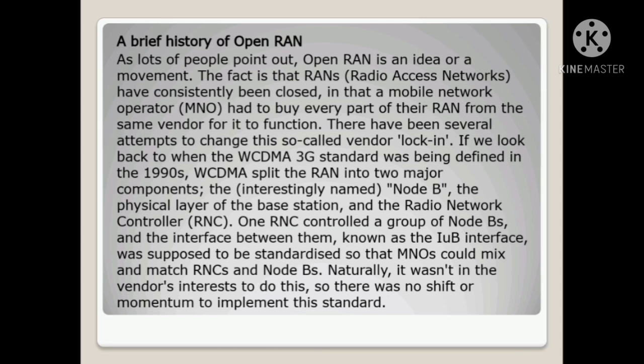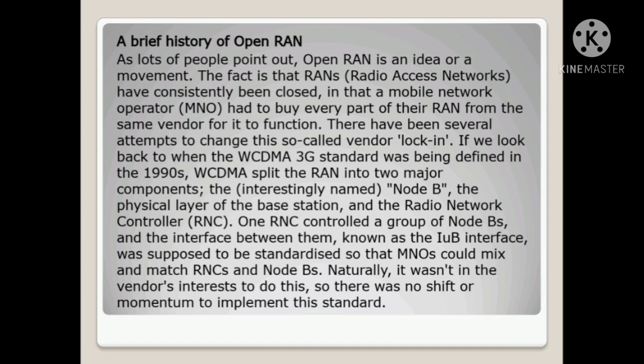One RNC controlled a group of Node Bs and the interface between them, known as the Iub interface, was supposed to be standardized so that MNOs could mix and match RNCs and Node Bs. Naturally, it wasn't in the vendors' interest to do this, so there was no shift or momentum to implement this standard.